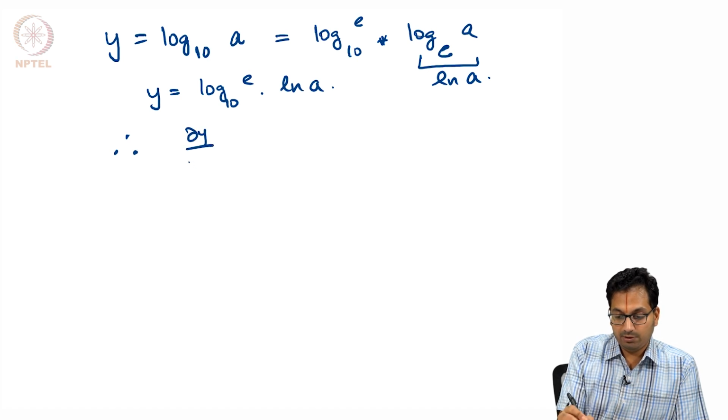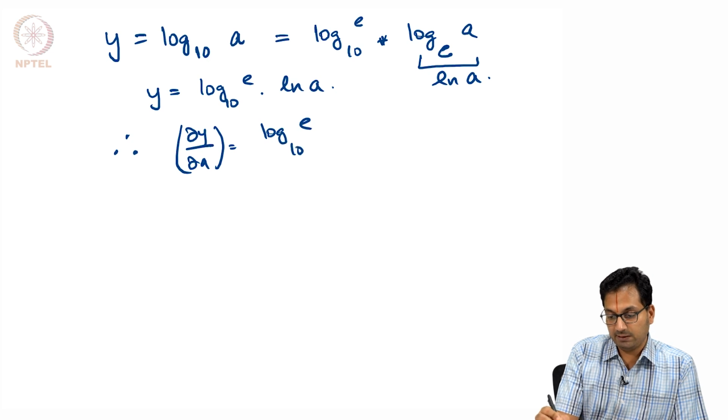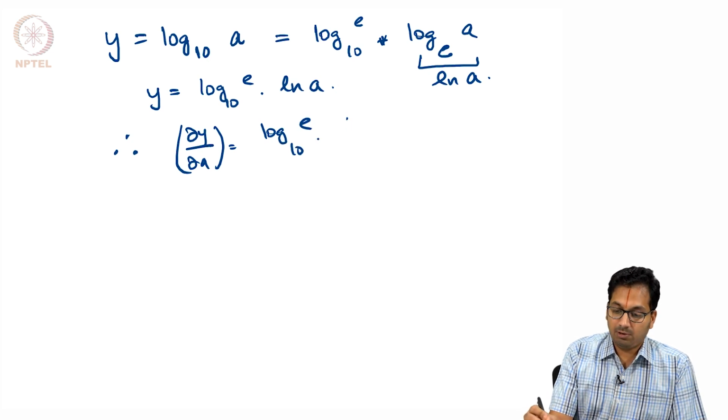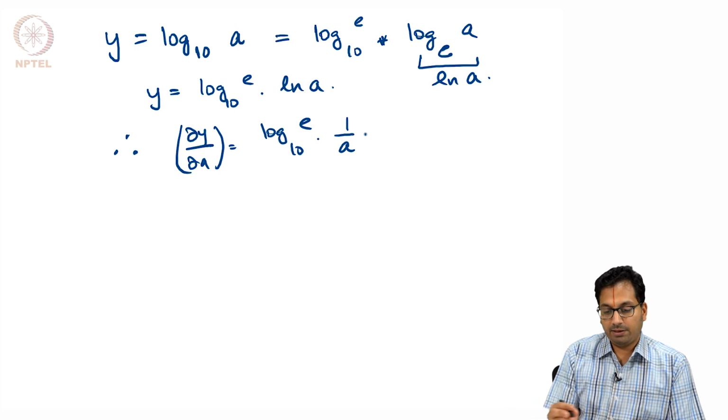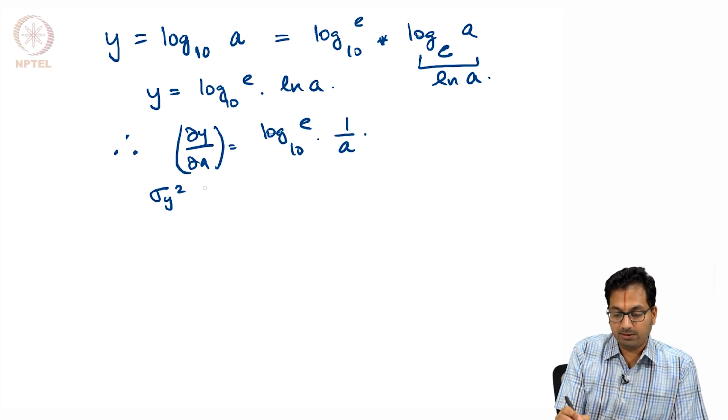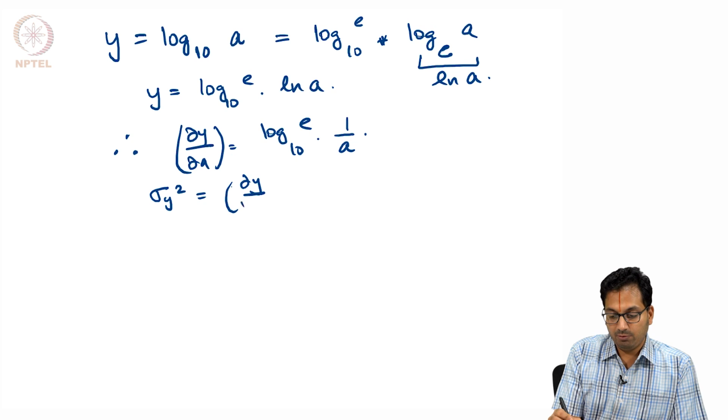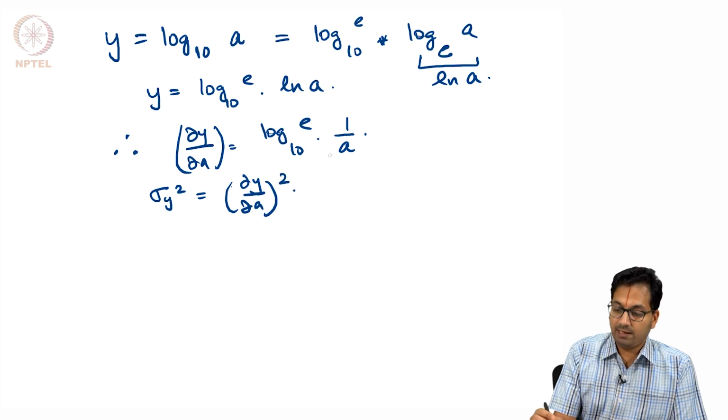Therefore, dou y by dou a is going to be given by this constant, log e to the base 10, times 1 over a. Alright. So now, sigma y square is dou y by dou a the whole square times sigma a square.